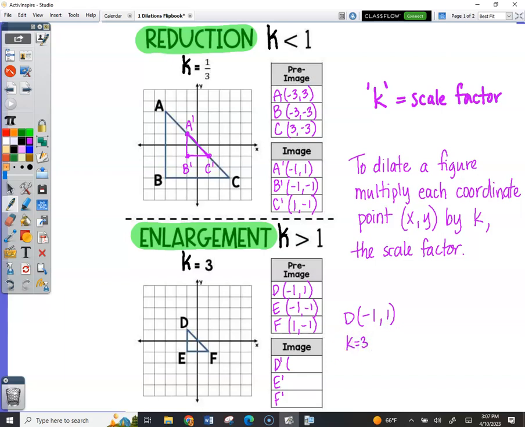So that means we're going to multiply each of these by 3, which gives me D prime -3, 3. Right? It's just multiplication. That's all it is, multiplication. All right, and then you're going to graph it.